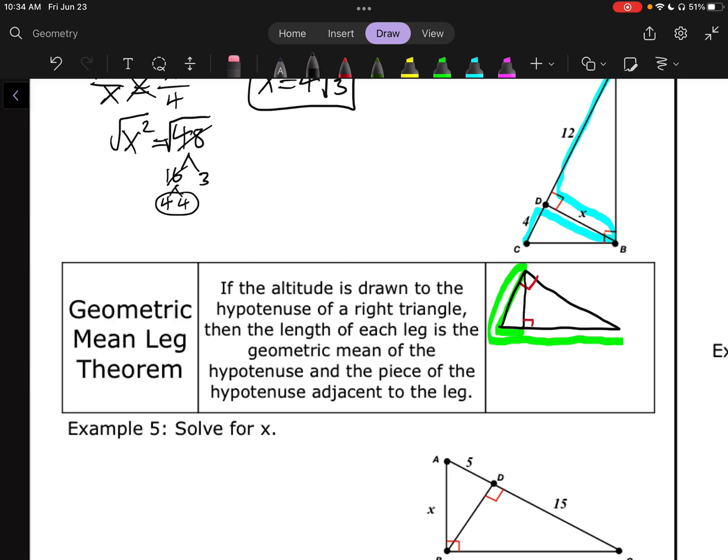So if I label this, this would be dA over AB is equal to AB over AC.